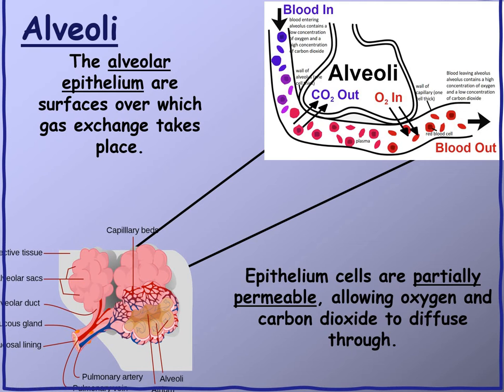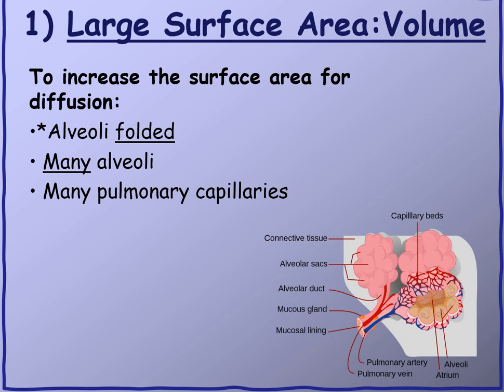At this point here, blood enters with a low concentration of oxygen and high concentration of carbon dioxide, and leaves with a high concentration of oxygen and low concentration of carbon dioxide. So, alveoli have a large surface area to volume ratio, and to increase the surface area for diffusion, the alveoli are highly folded, and they are also numerous.